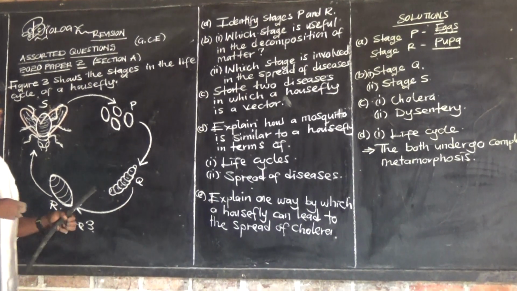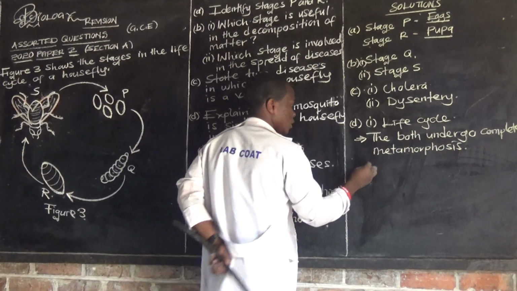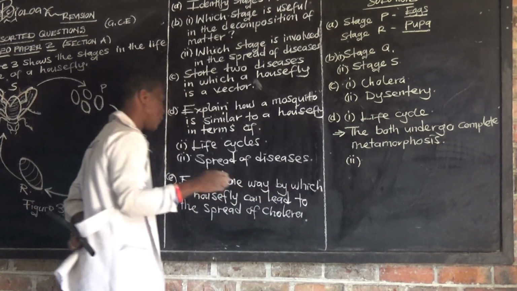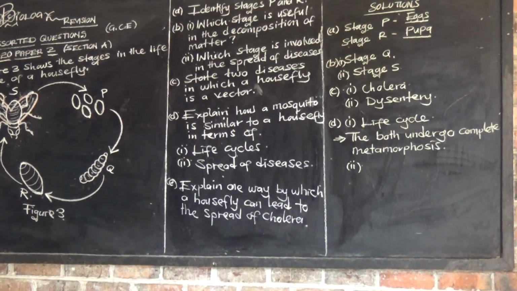Then they also want us to give similarities in terms of spread of diseases. They are both vectors.